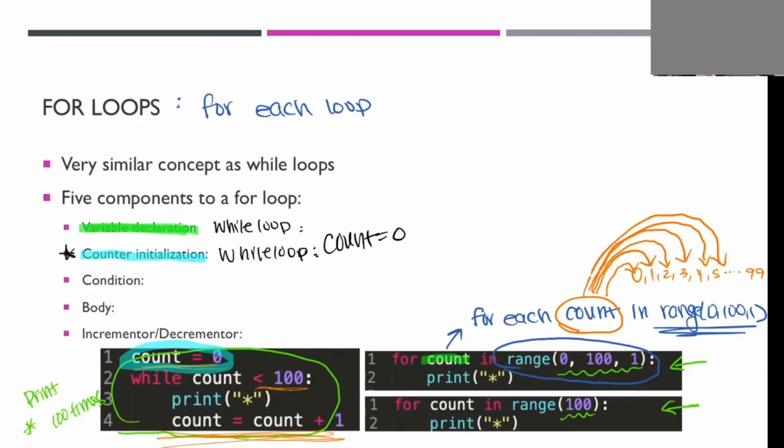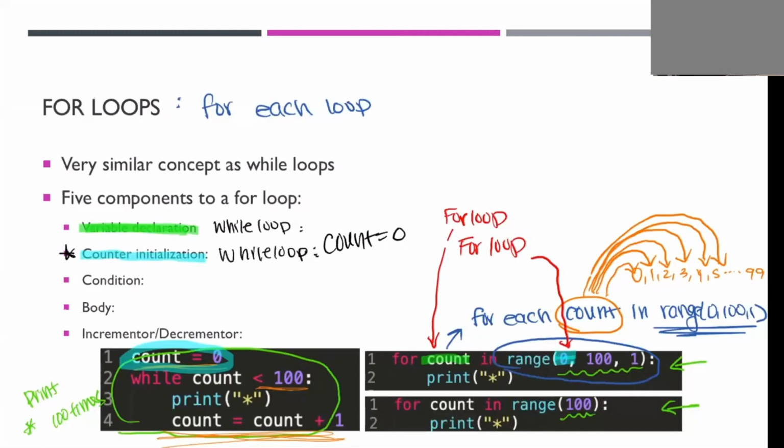And then this right here, this 0, is our counter initialization for our for loop. So writing this out here, for our for loop, our variable declaration would be there, and the counter initialization for our for loop would be this thing right here.